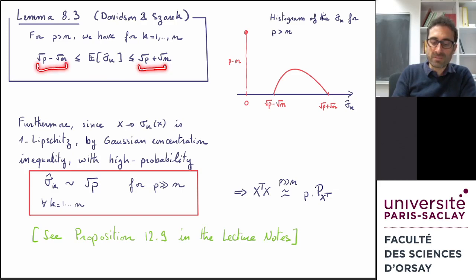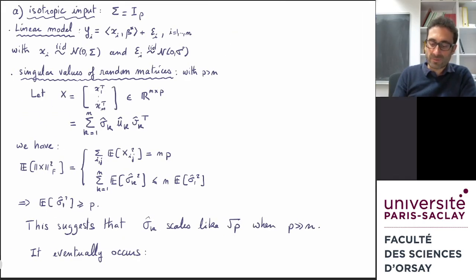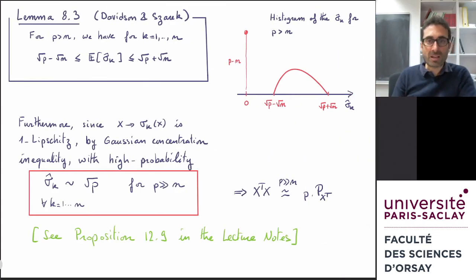And if you take all these singular values and make a histogram, you will end up with a histogram of this shape when p and n go to infinity with p larger than n, with all your singular values between square root p minus square root n and square root p plus square root n, at least in expectation.